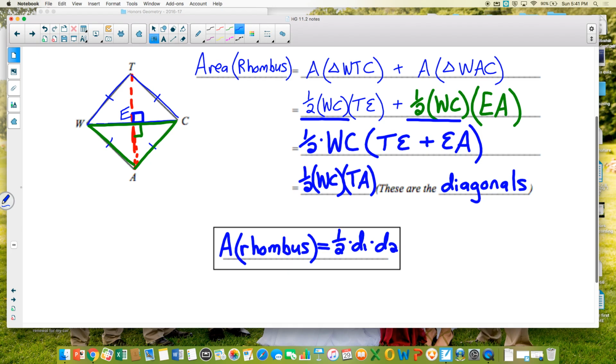You will not have to know that little mini proof there. You will have to know this, whatever's in the box. You will have to know how to find the area of a rhombus.